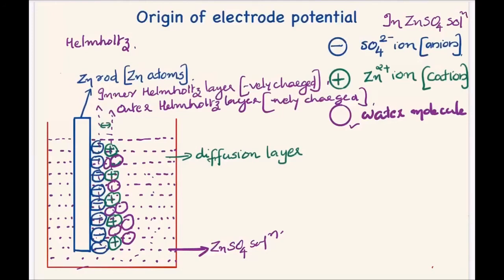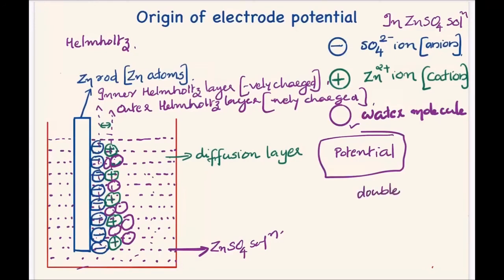Now, as per electrochemistry, if you have two different layers or areas which contain opposite charges, and if they are separated by a distance, then potential will develop. So this potential is due to two differently charged layers.